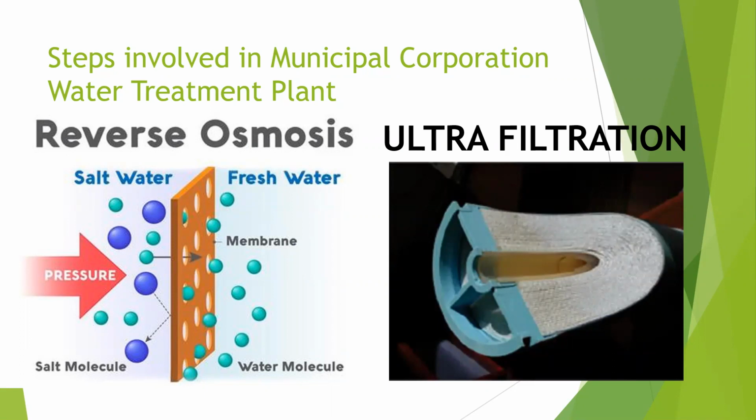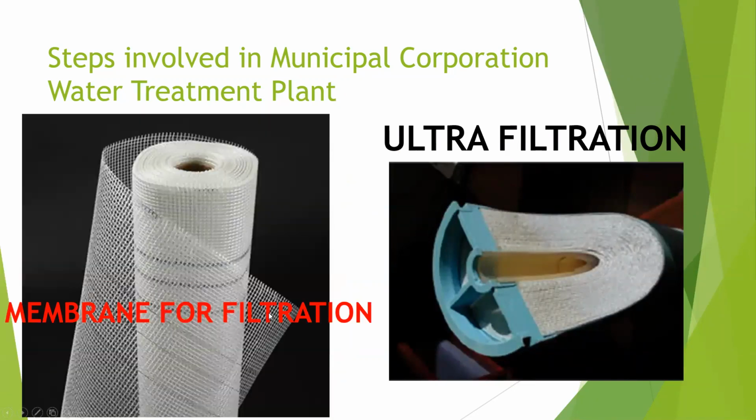So ultimately, on the other side of the semi-permeable membrane in reverse osmosis, we get water free from any kind of salt. The other figure is a cross section of a filter that is used for ultrafiltration.